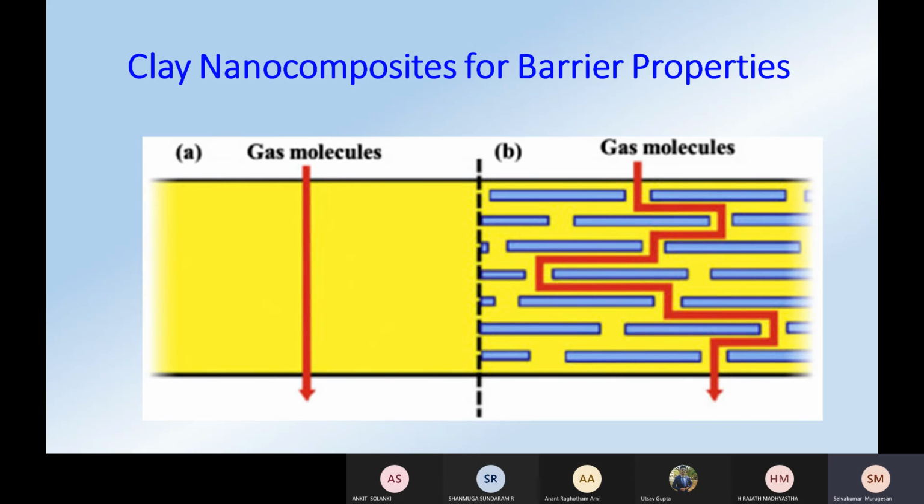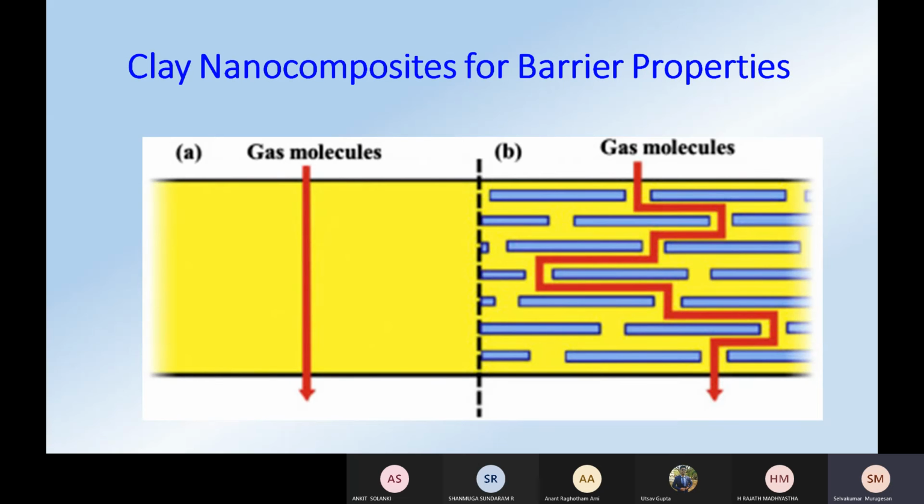But if you have nanoclay with intercalated morphology, with these intercalated structures, the gas needs a long time to penetrate the composite structure and travel to the other side of the sample or the product.